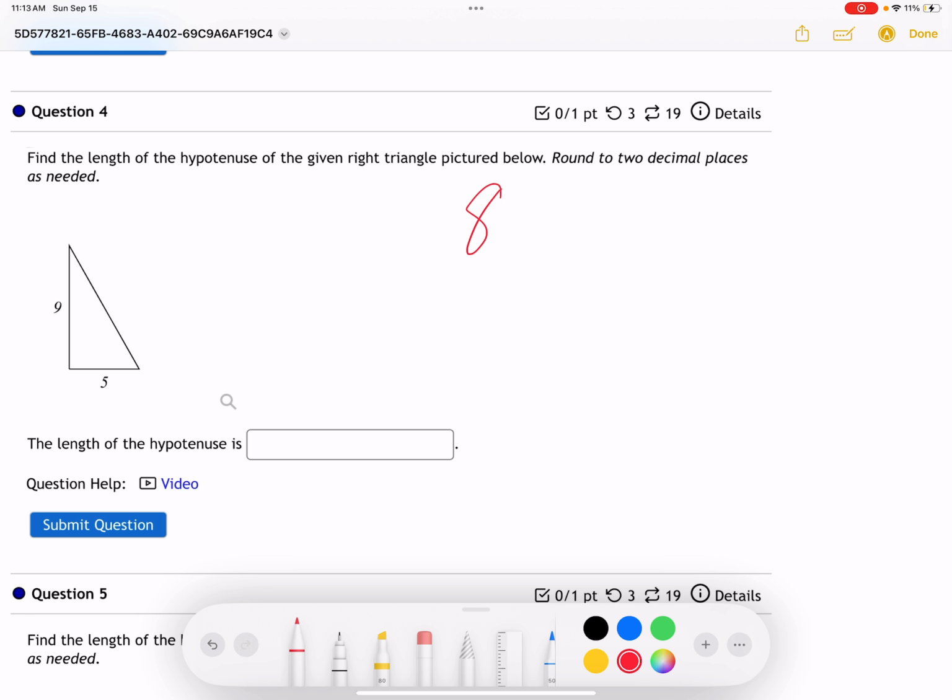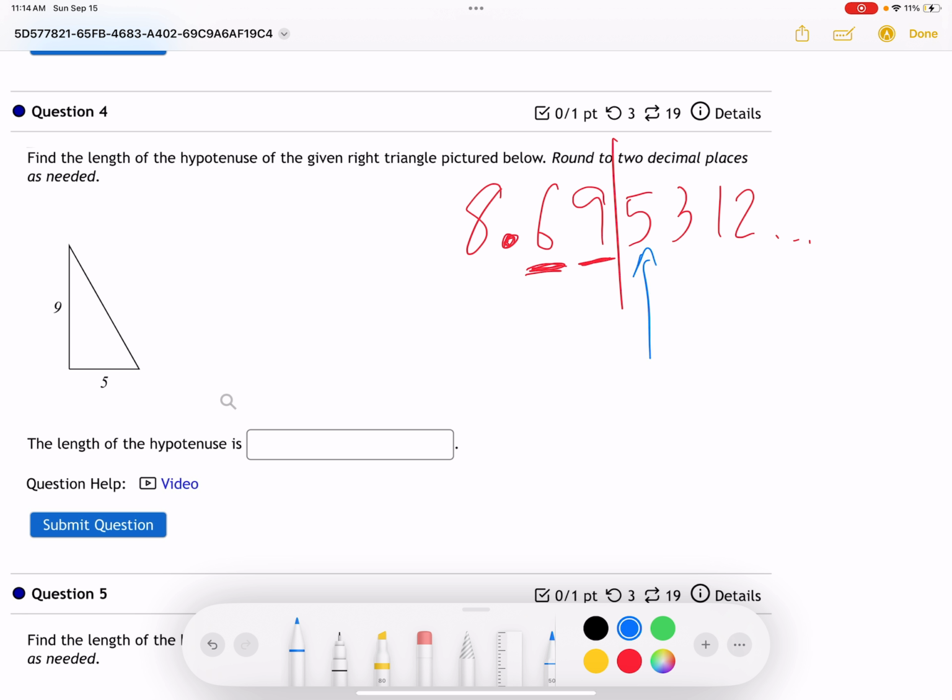Let's say I had a number like 8.695312, blah, blah, blah. To do 2 decimal places, I have 1, 2, and then I draw a line after the decimal point. So this is a decimal point, 2 decimal places. And then I look at the next number. The next number after that line is a 5.